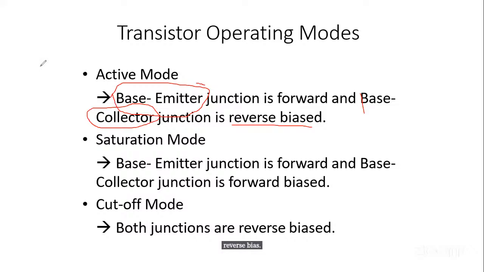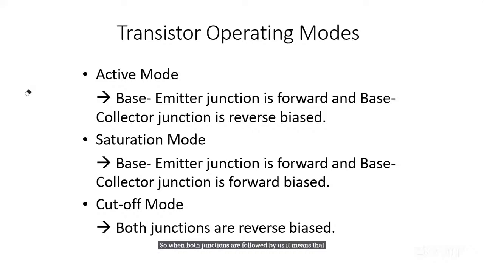Then the second mode of operation is the saturation mode. In saturation mode, both junctions are forward biased. So when both junctions are forward biased, it means that they are both conducting.